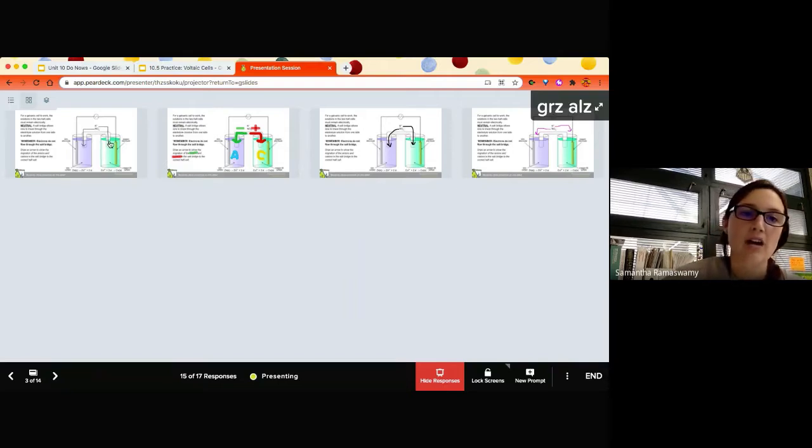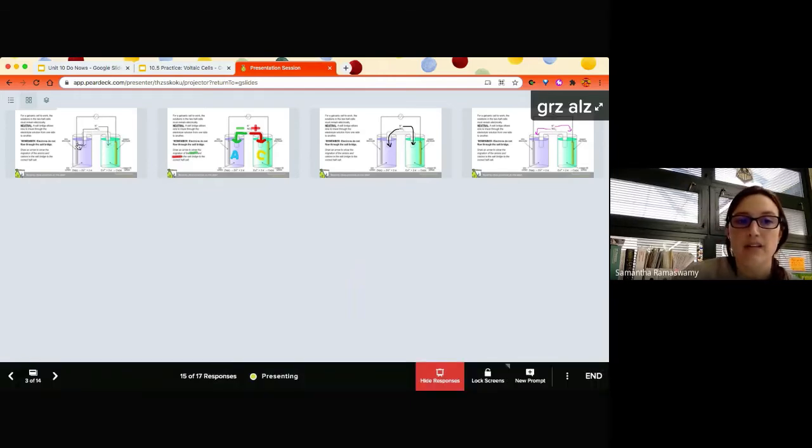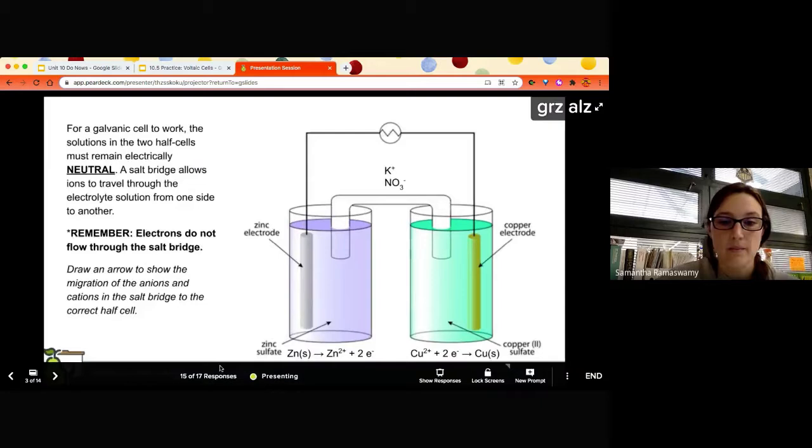Make sure that when you're drawing arrows, it's easy to follow. Zinc was the anode, that's where oxidation occurred. Copper was the cathode because that's where reduction occurred. Good.